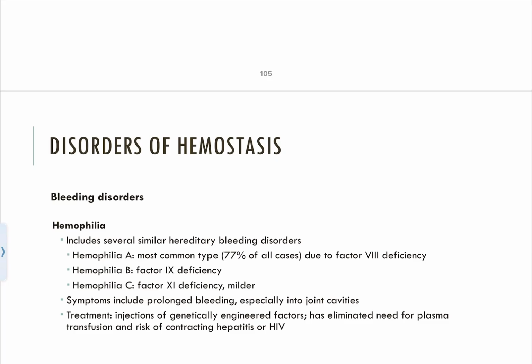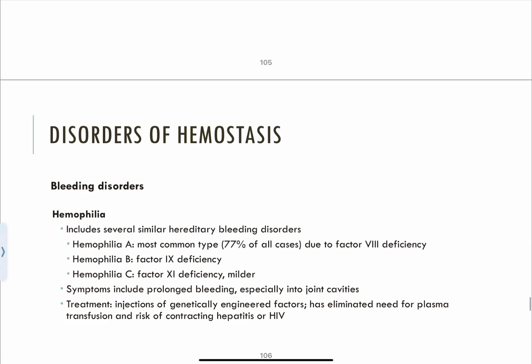So hemophilia refers to a bunch of bleeding disorders that have a genetic base, so through hereditary. Hemophilia A, hemophilia B, and hemophilia C. If we're talking about hemophilia A, that means we're insufficiently producing the clotting factor 8.